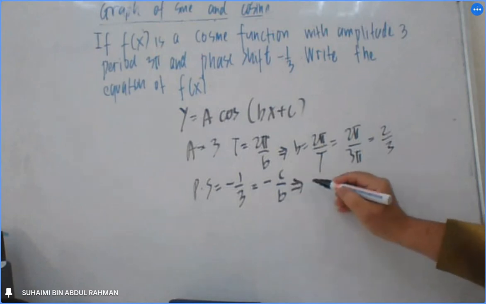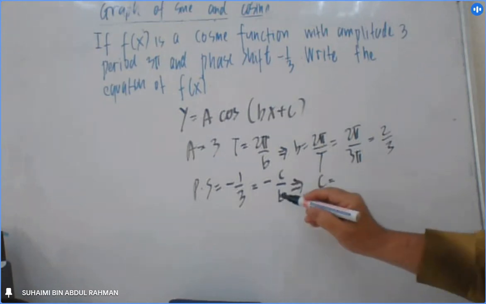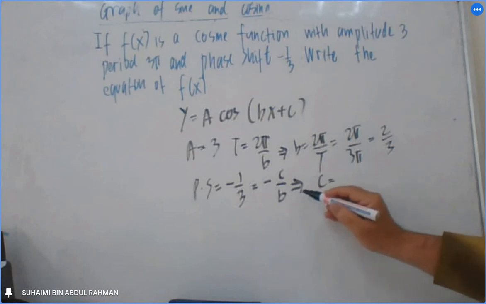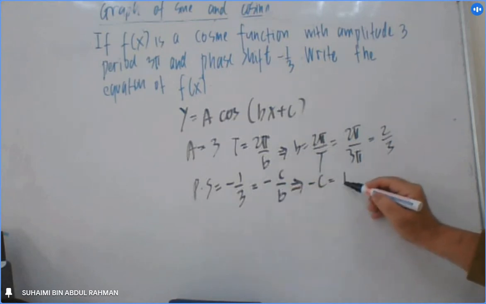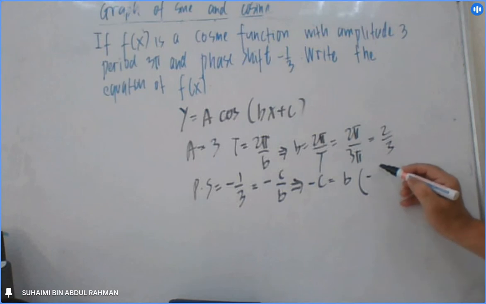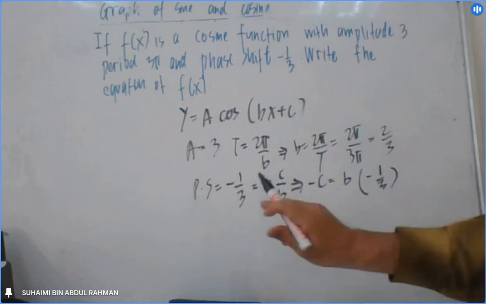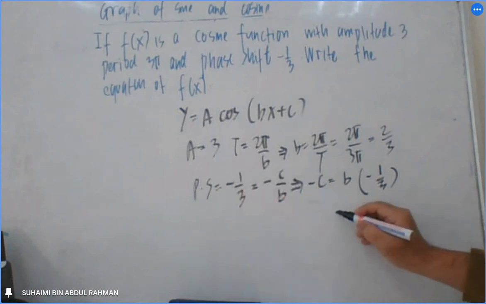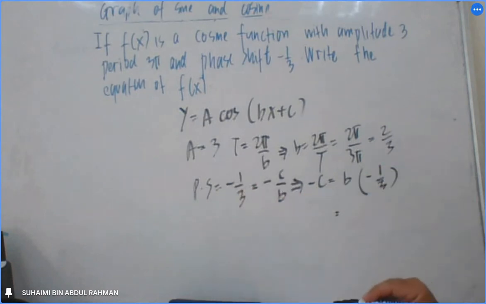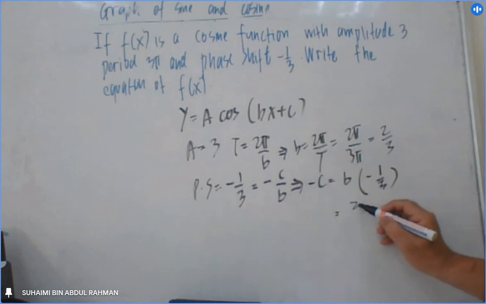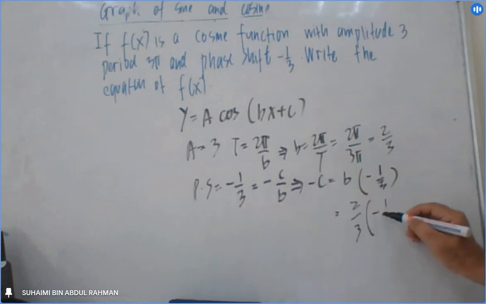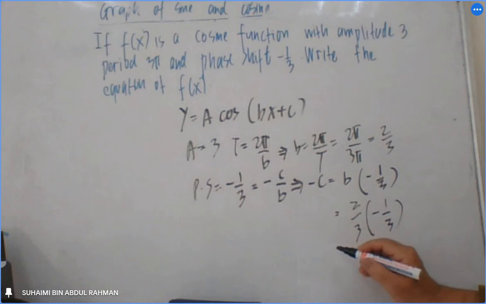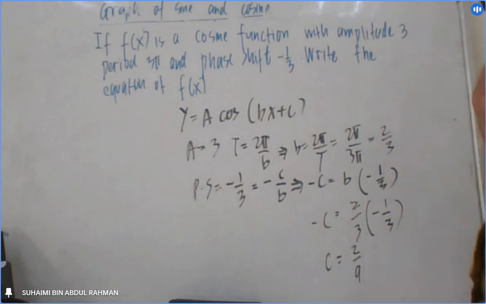So minus c equal to b multiplied by minus 1 over 3, by cross multiplication. B we got already, 2 over 3 multiplied by minus 1 over 3. So this is minus c, c only is 2 over 9.